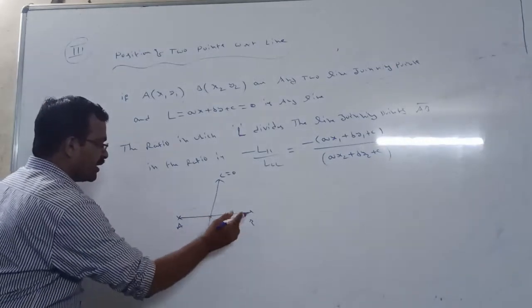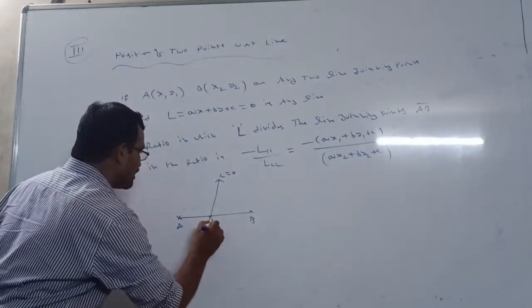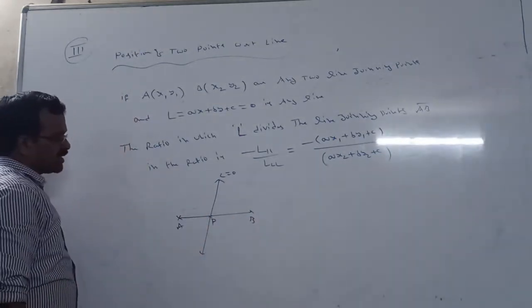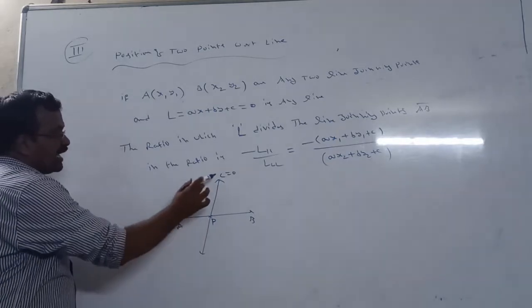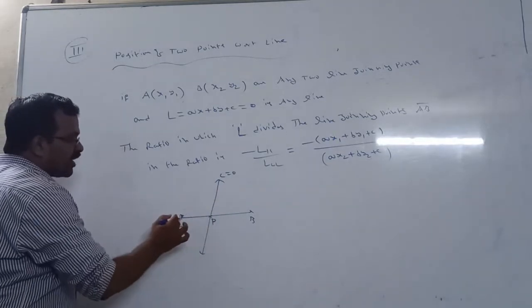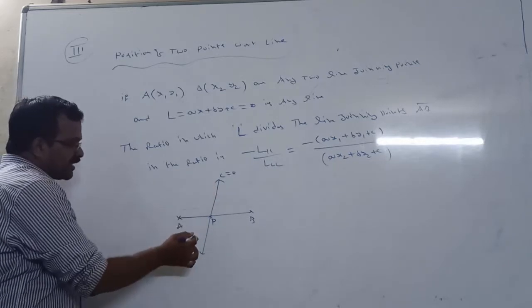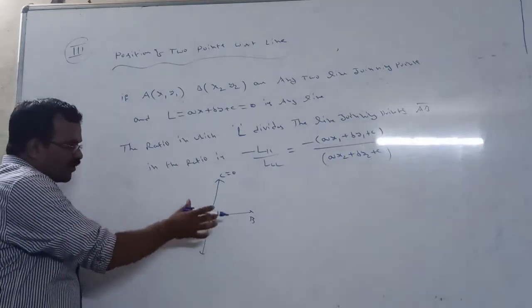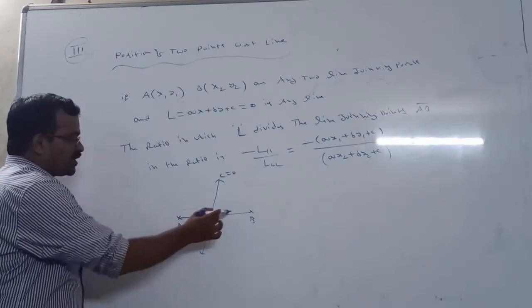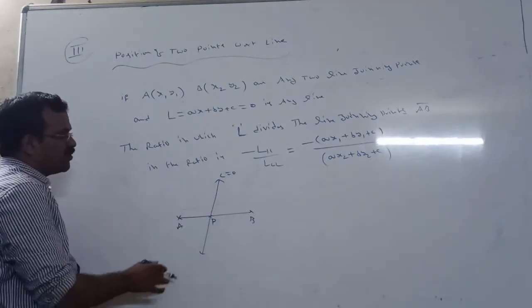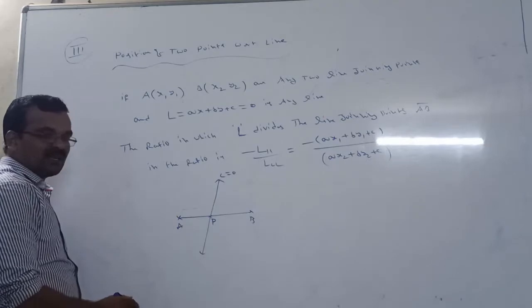Suppose this is the point of intersection P, and this is B. This diagram states L is internal to the line joining A and B. That means when L is internal, the ratio AP to PB is always positive.